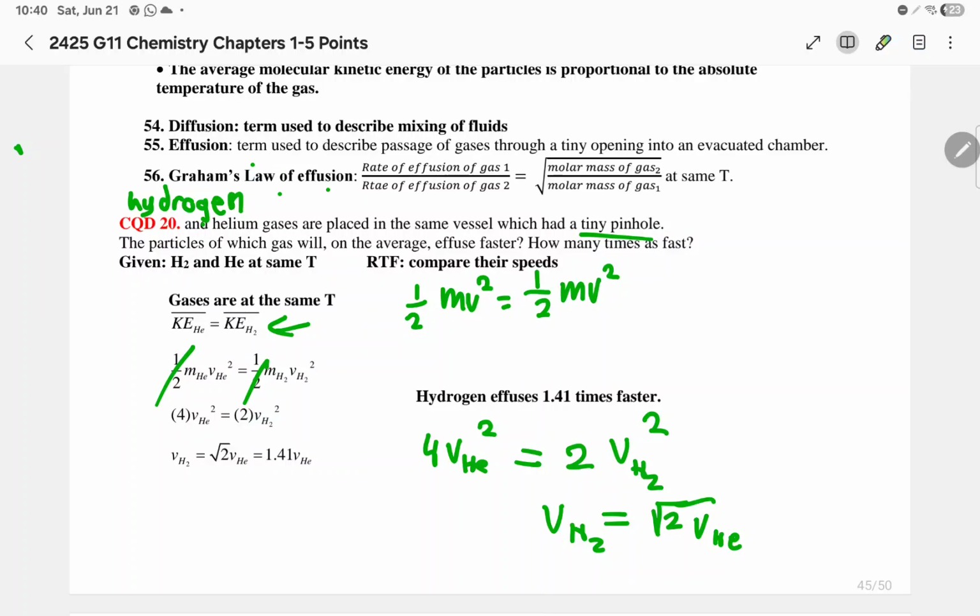If you ask me why, it's because we moved 2 to the other side, so you divide by 2 on this side, the 4 is going to cancel and it's going to stay 2. Then to get rid of the square, you take the radical on both sides. By the way, this isn't under the radical sign, it's velocity of He. So the velocity of H2 is equal to 1.41 of velocity of He. So hydrogen effuses 1.41 times faster.